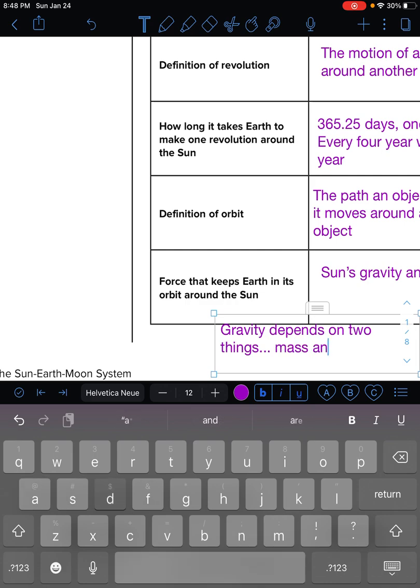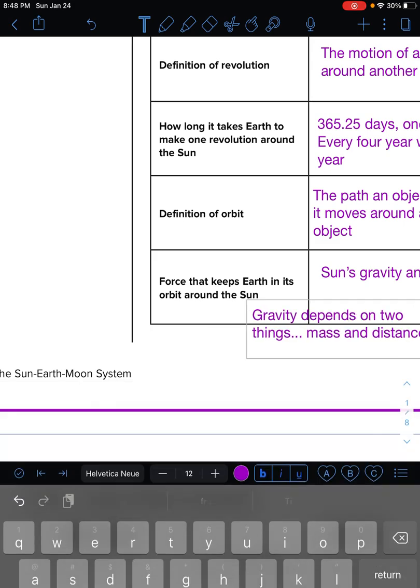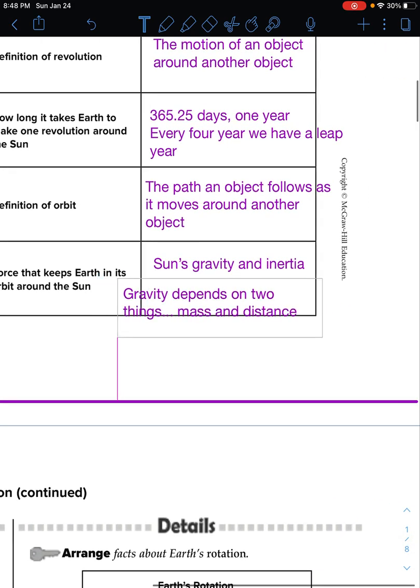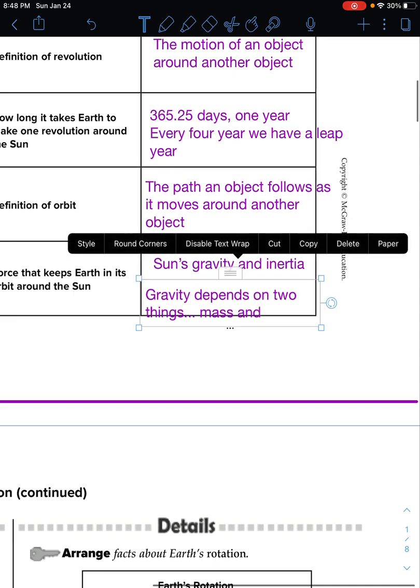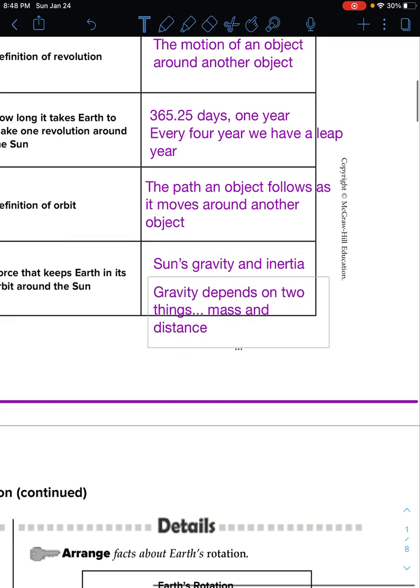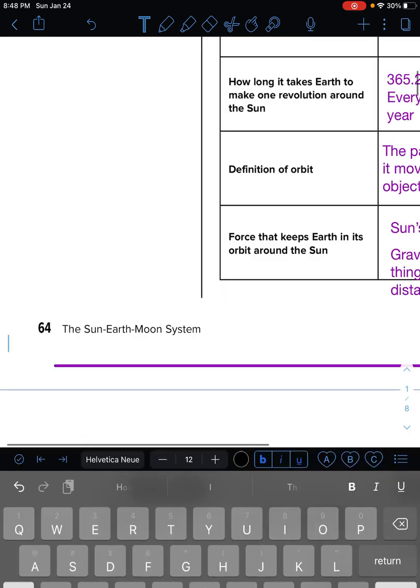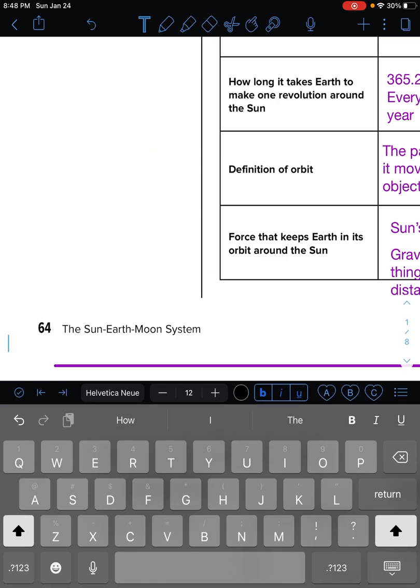It is the mass of the object and the distance between them. And so the object that has more mass is going to have more gravitational pull. Objects that are closer together are going to have stronger gravitational pull. Farther apart, not as strong a gravitational pull.